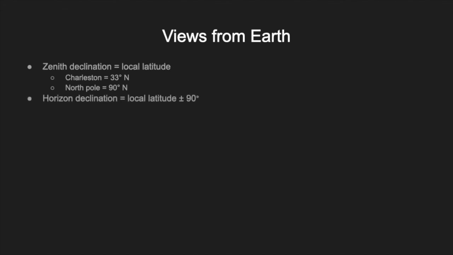The horizon declination is your local latitude plus or minus 90. What that means in Charleston is our local southern horizon, at least, is minus 57. We cannot see any star that has a declination below minus 57 degrees because it can never come above our horizon.